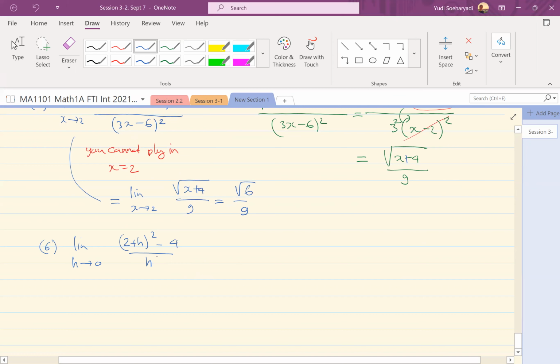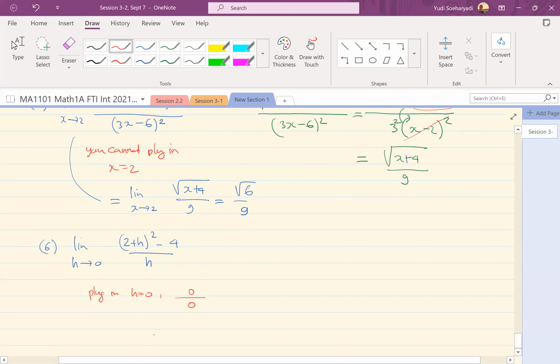Here. All right. So let's first attempt to plug in h equals 0. Right. So when you plug in 0, you get, well, the denominator you get 0, and if you plug in 0 here, you get 2 squared minus 4.